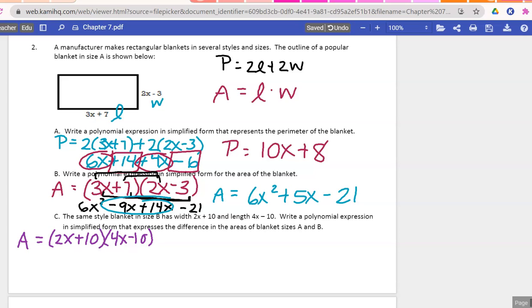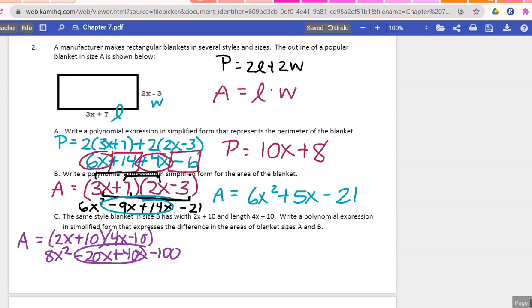Just like last time, FOIL it together, distribute it, whatever you want to do. 2x times 4x gives you 8x squared. 2x times negative 10 gives you negative 20x. 10 times 4x gives you 40x. And 10 times negative 10 gives you negative 100.